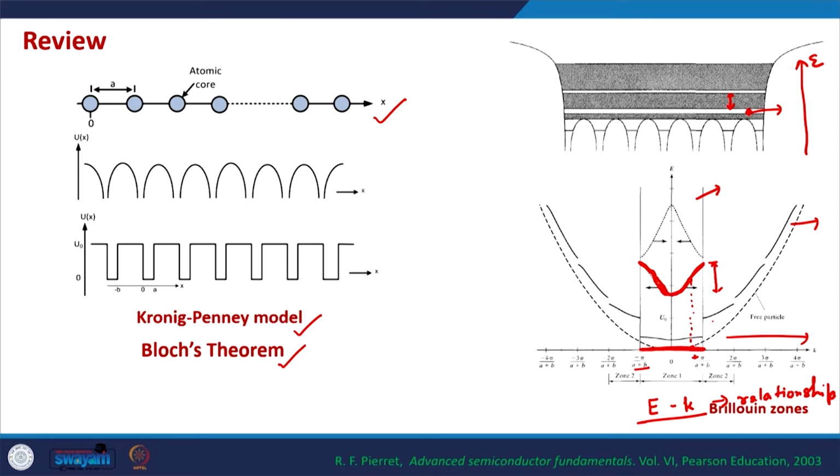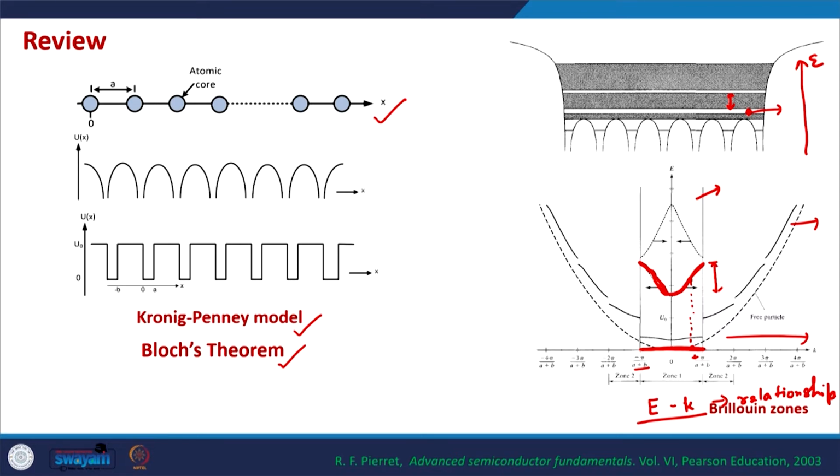This can be easily visualized in case of 1D particles. In case of 1D solids it can be easily graphically analyzed, but in case of 2D and 3D solids the visualization becomes difficult because the EK plot becomes 3D and 4D actually.